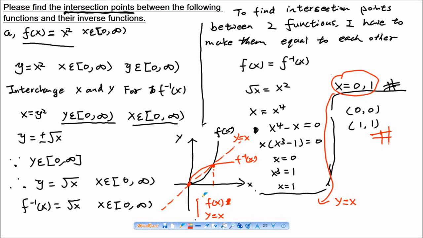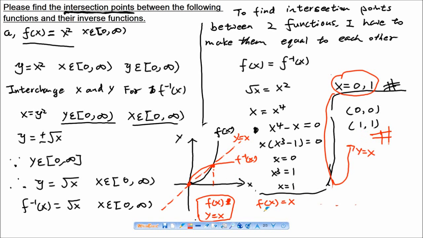Okay, it's a little bit confusing. So what happens is you just make your original function or inverse function equal to x, and you should get the same answer.